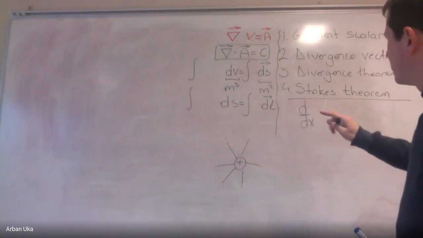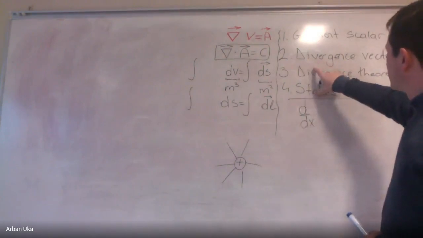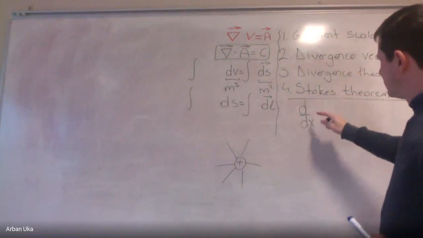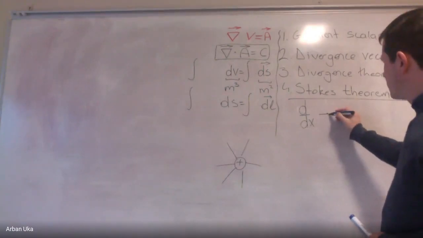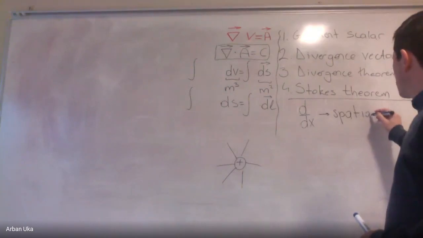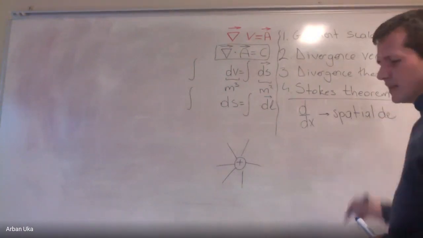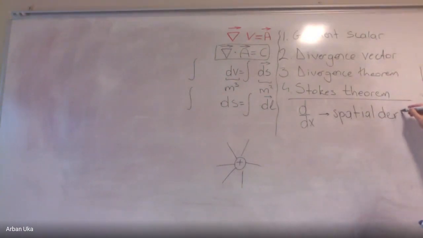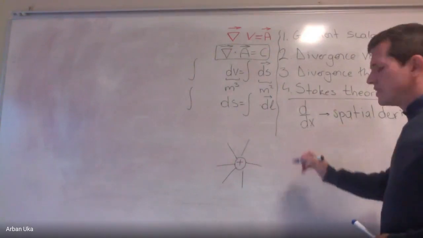Before we go to the divergence theorem, we need to define two types of spatial derivatives. Let me write this: spatial derivatives, and for these derivatives we use a del operator.